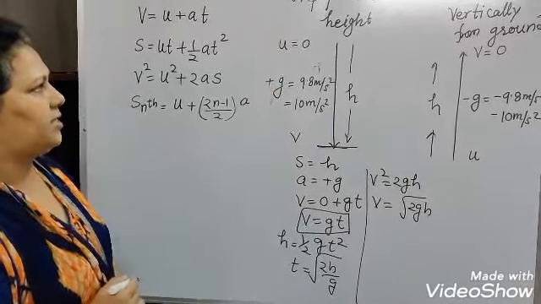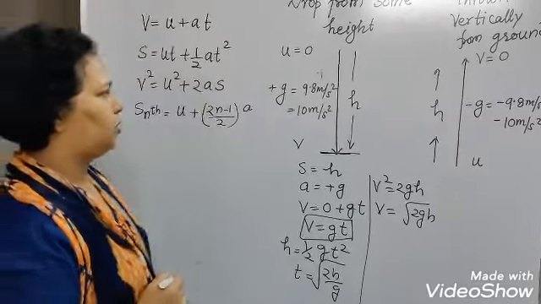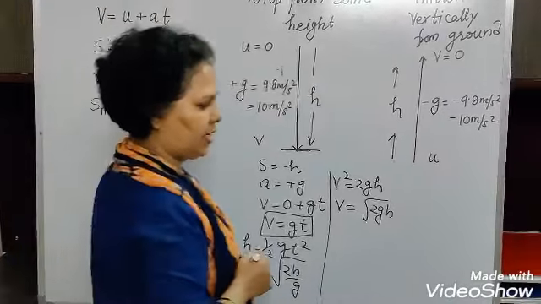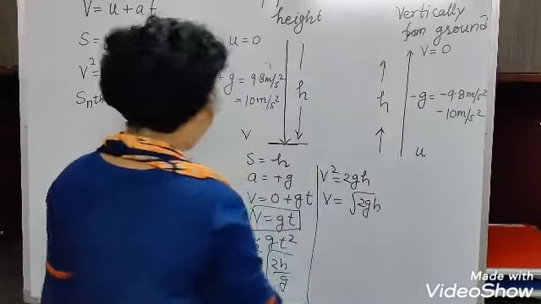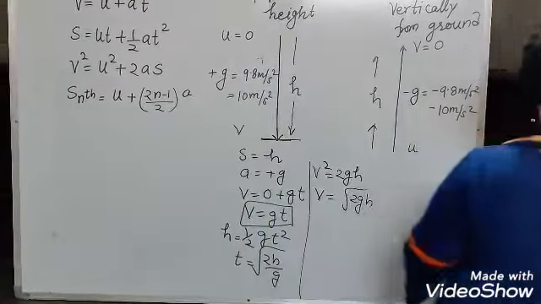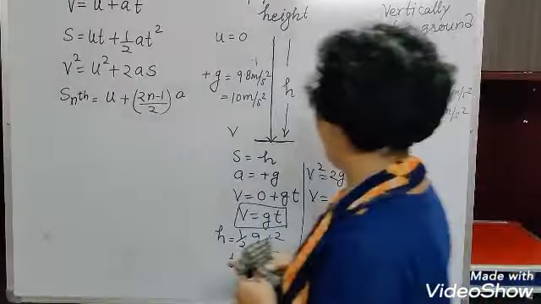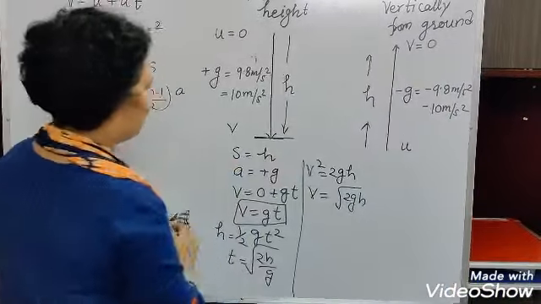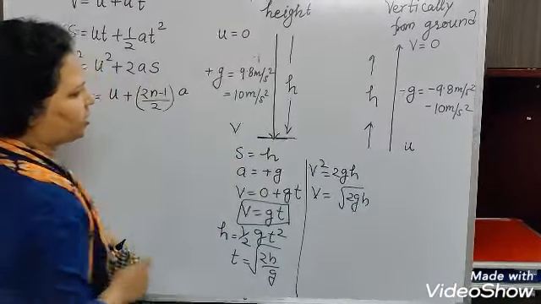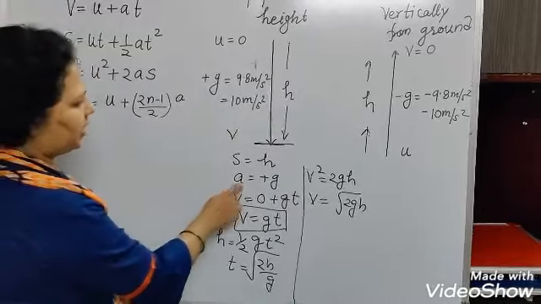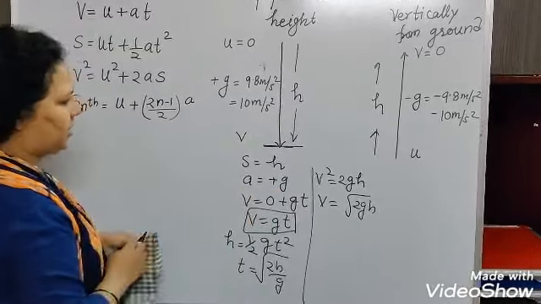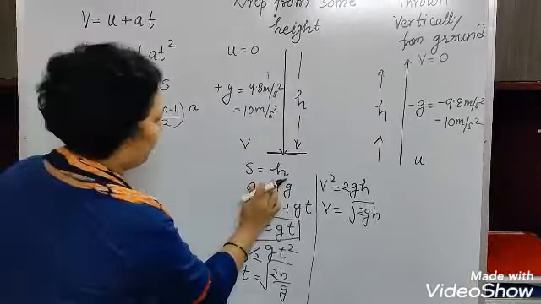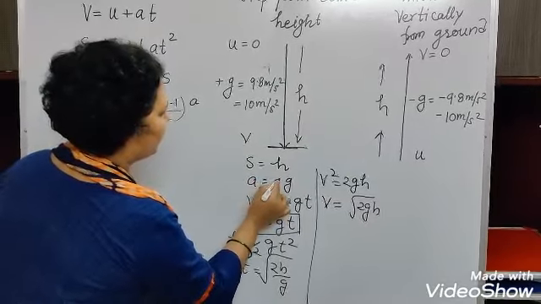Now for the case when we throw the object vertically, what will be the change here? You will see simply in the first equation, similarly s is equal to h we are writing, a is equal to plus g, so now we will write it minus g.